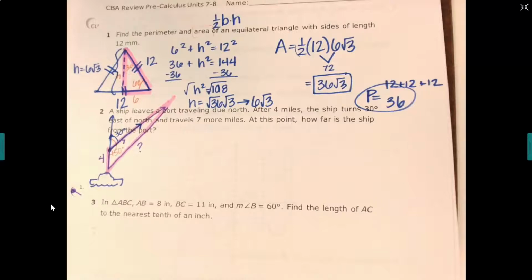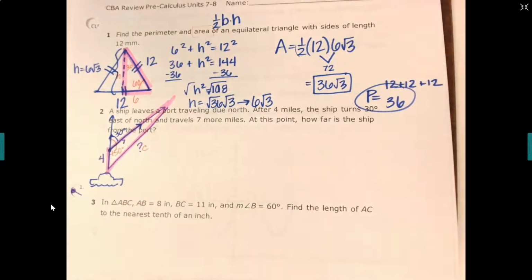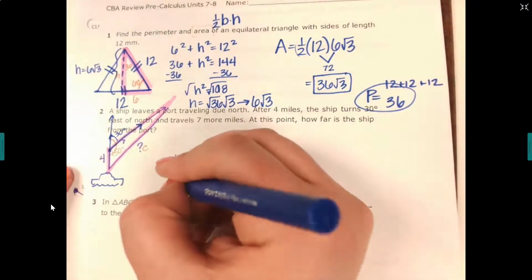Okay? And then I want to know this side over here. We'll just call it C. Okay, for fun. So, do I know the angle and the side as partners for law of sines? Should I redraw the picture? Okay, let's redraw it. So here.